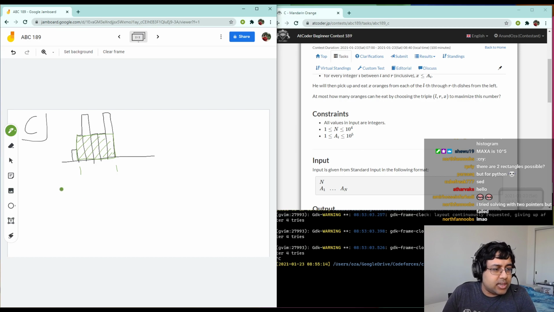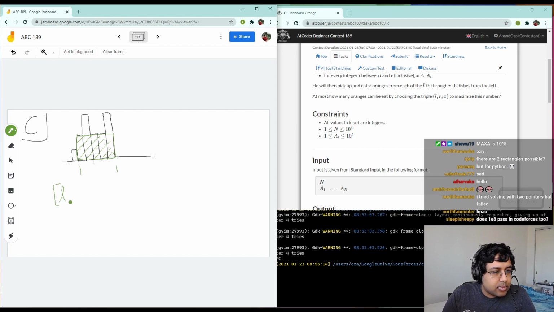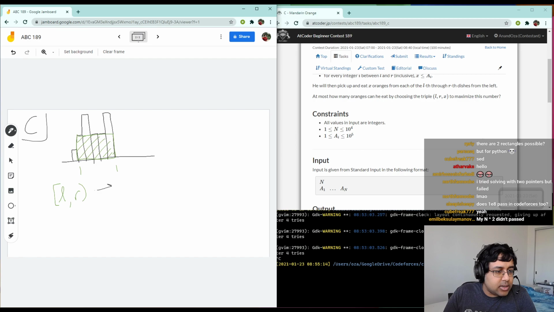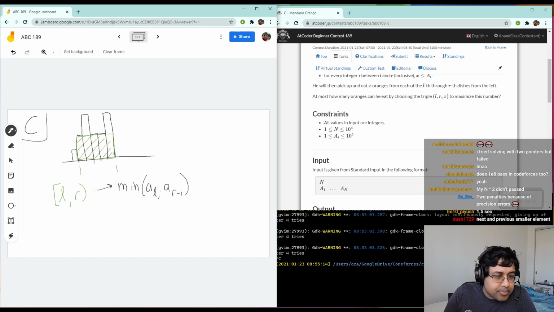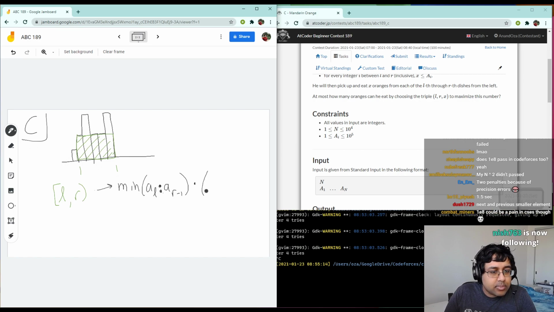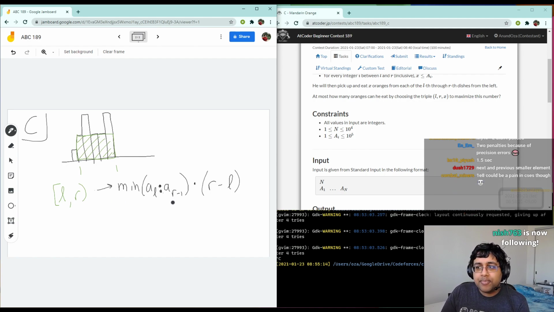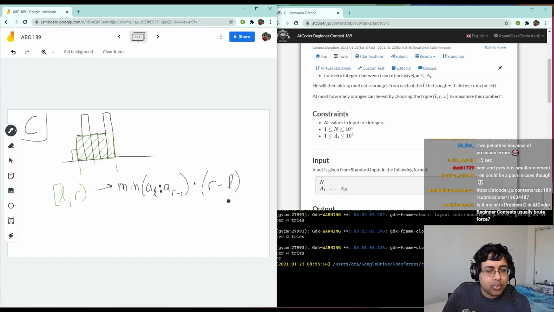So basically, if you have an interval LR, then you get a score of min of AL to AR minus 1, times R minus L. Here this minimum would be the height, and R minus L would be the width of this rectangle.